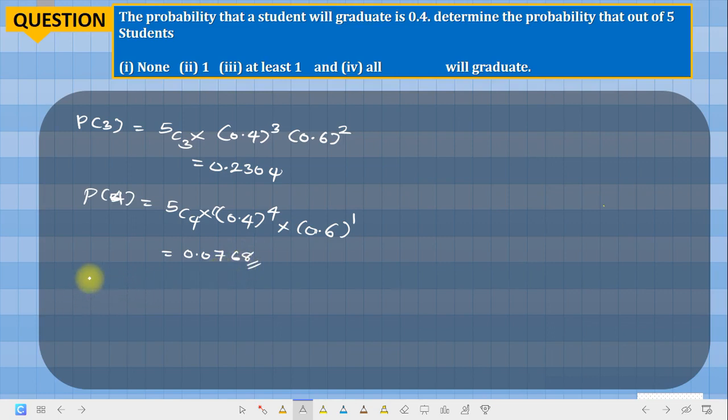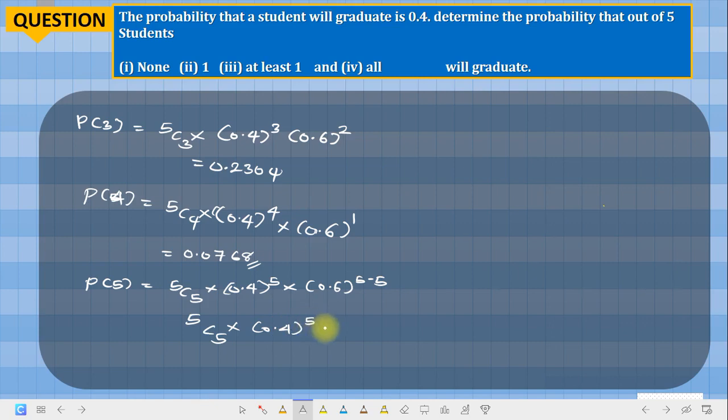Now the next one is the probability that 5 students will graduate. It equals 5 combination 5 times 0.4 raised to the power of 5 times 0.6 raised to the power of 5 minus 5. 5 minus 5 is 0, and anything raised to the power of 0 is 1.